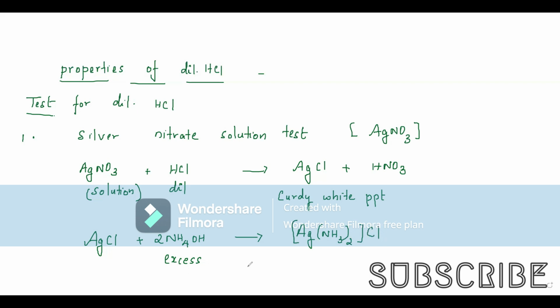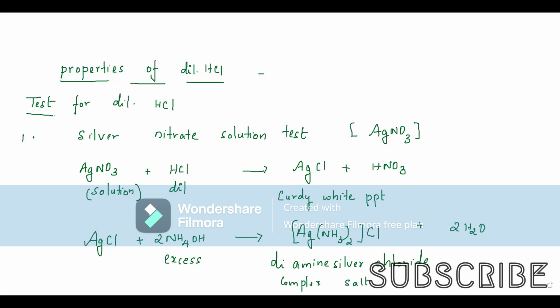This is named diamine silver chloride. Di for 2, amine NH3. So diamine is (NH3)2. Silver chloride, diamine silver chloride and water. Diamine silver chloride is a complex salt.